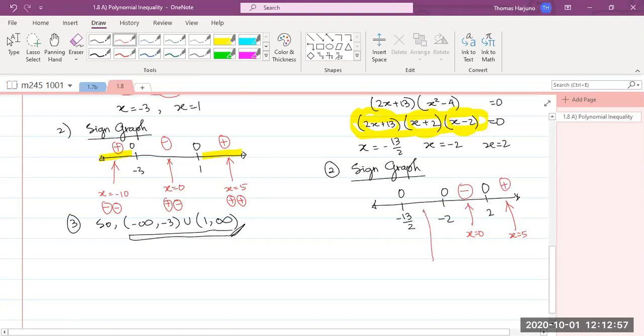Negative 2 and negative 6.5. So pick a number in between. Can I use negative 3? Or negative 4? Let me use negative 3. So when I put negative 3 here, that's negative 6 plus 13, that's positive. For negative 3 here, that's negative. That's negative.